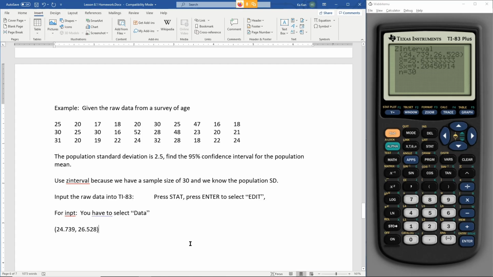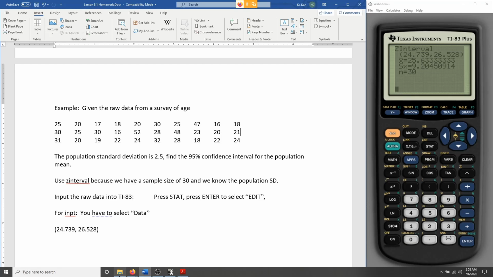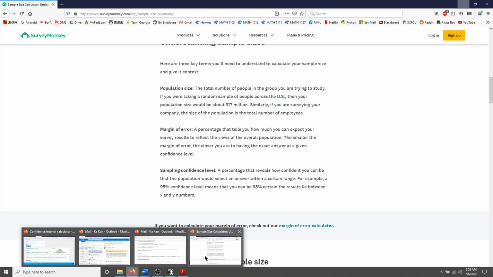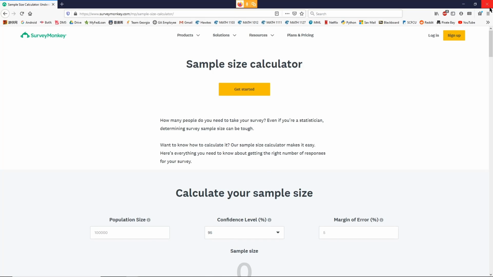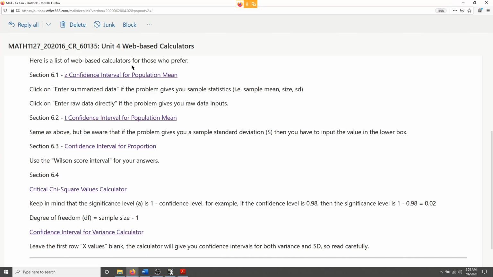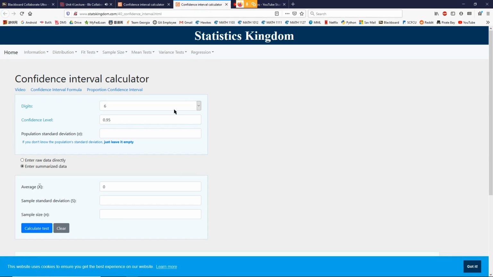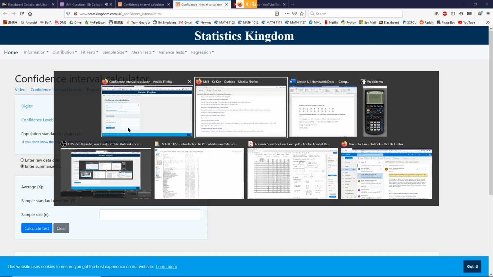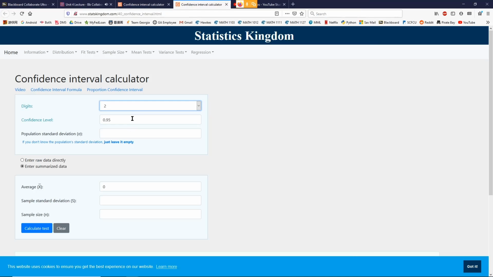Now, it turns out you can do the same thing. Let me see if I can copy this and put it into the website I sent you. So I'm going to do 2 digits again. Was it 2 digits or 3 digits? Let's do 3 digits. Confidence level equals 0.95.